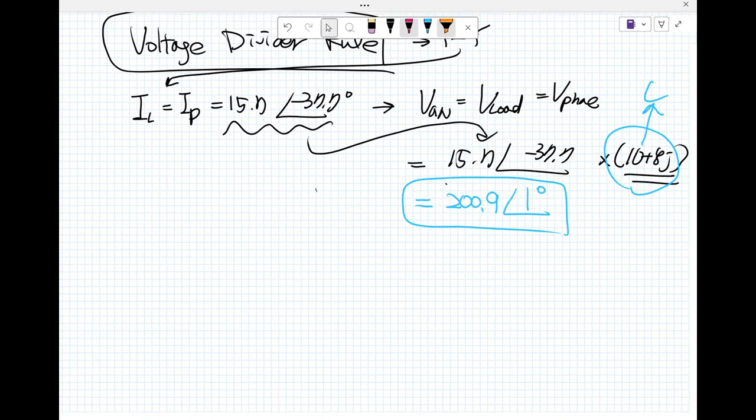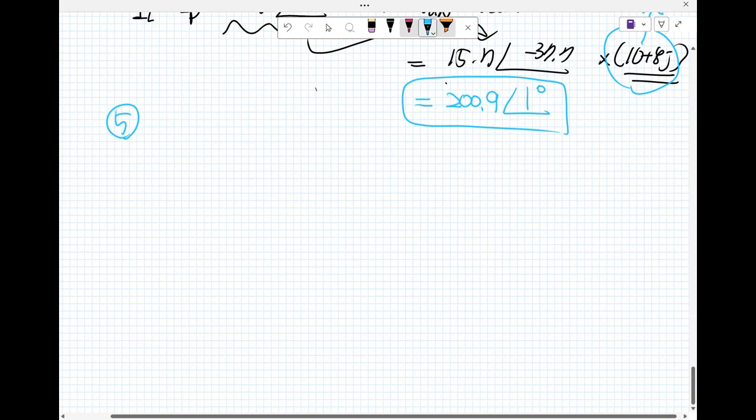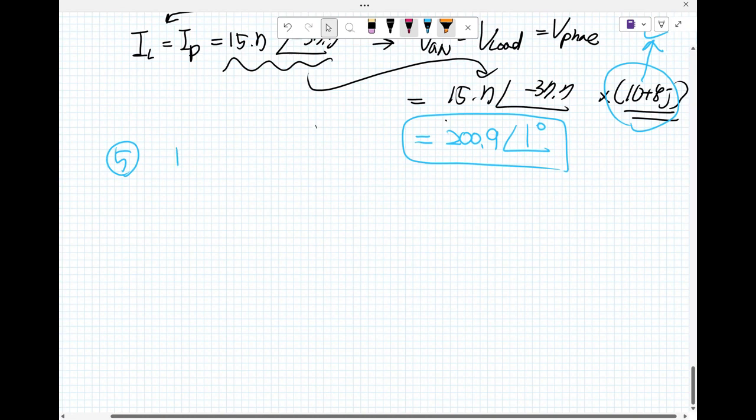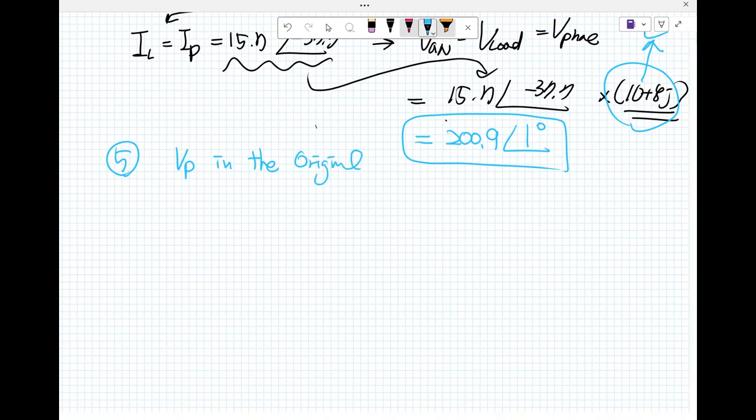Okay. So now, what is the phase voltage in the original delta connections?